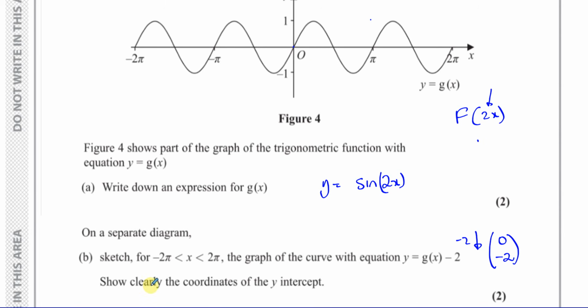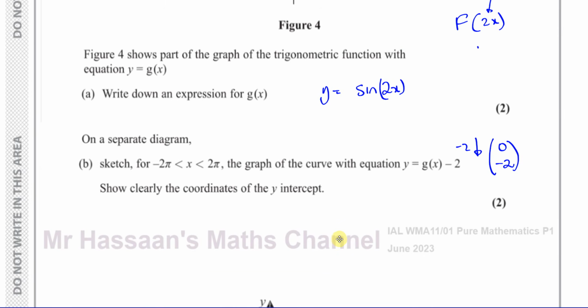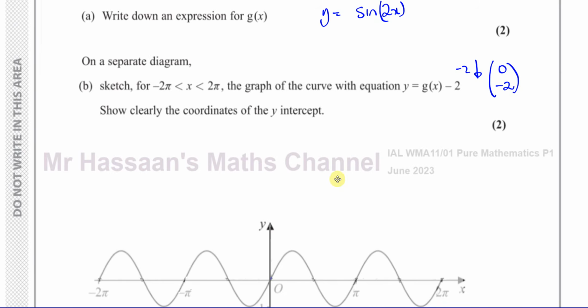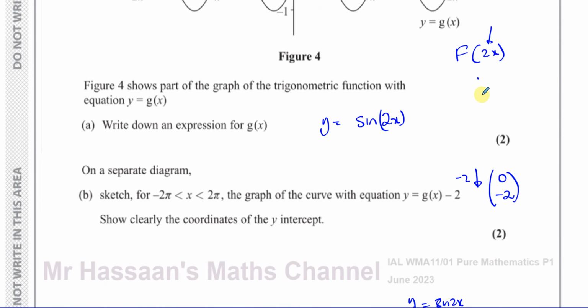And it says show clearly the coordinates of the y-intercept. So the y-intercept is going to be down at -2. The whole thing is going to shift 2 spaces down. So for us to do this translation of 2 units down, we take the original curve, y equals sine of 2x, which is what's drawn here at the moment, and that becomes y equals sine of 2x minus 2, where you subtract 2 from the whole function.